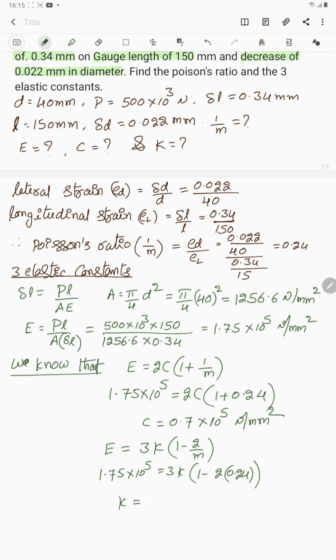Simplify this value for getting the k around 1.12 into 10 raised 5 Newton per mm square. That is the answer for this particular problem. I hope you understood this problem also. Let us go for one more problem.